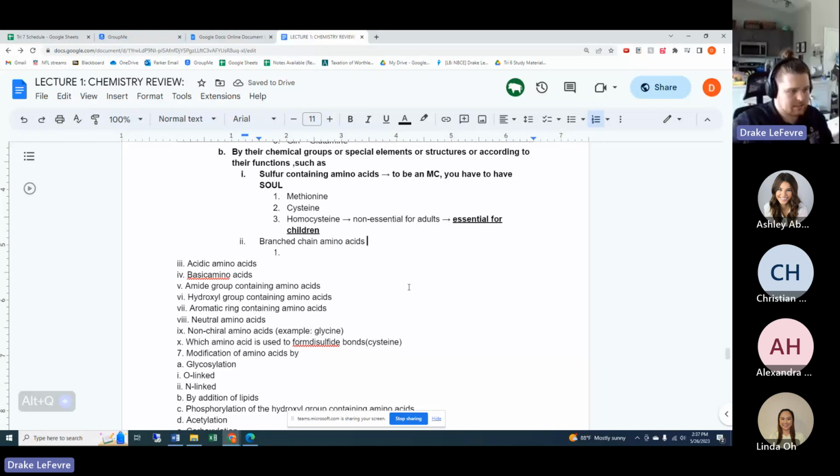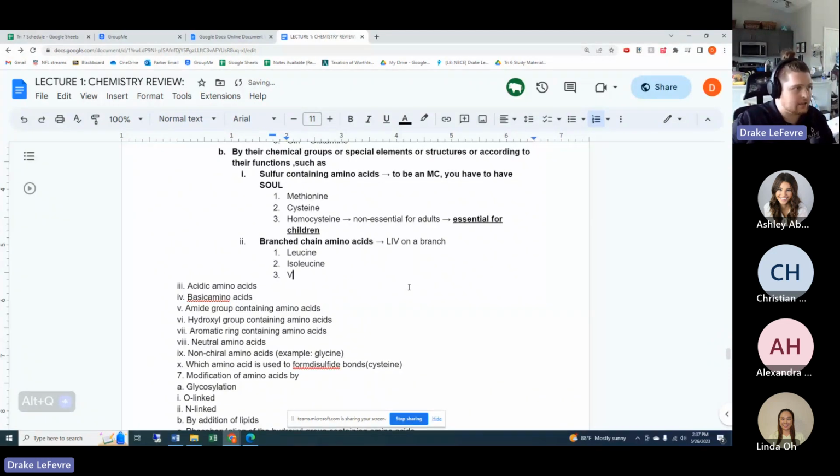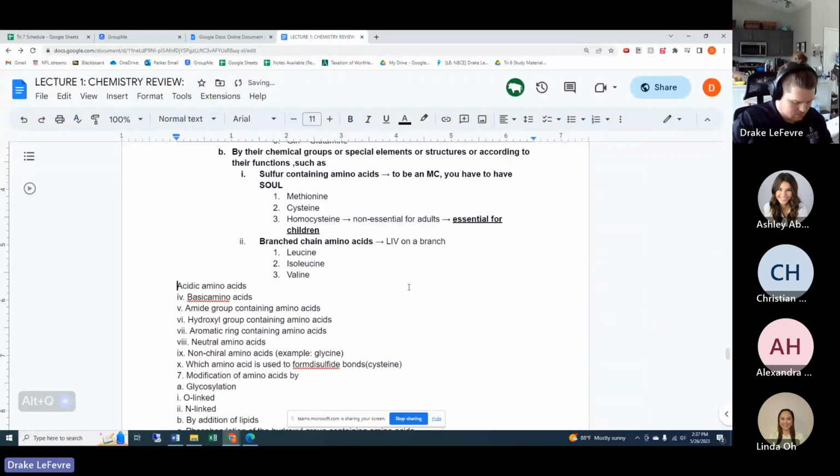Okay, branch chain amino acids. Does anybody remember the mnemonic? Live on a branch. We have our three: leucine, isoleucine, and valine. Our acidic amino acids.